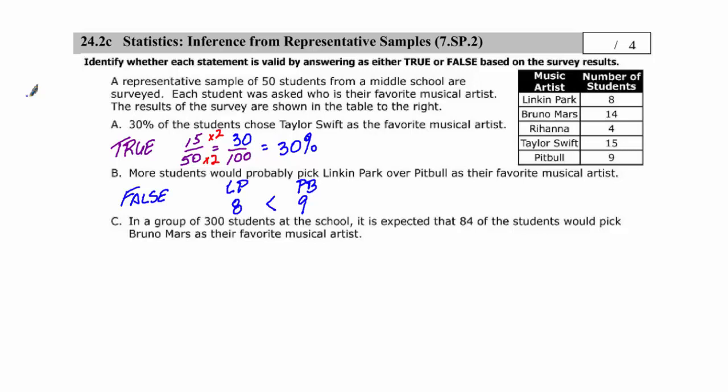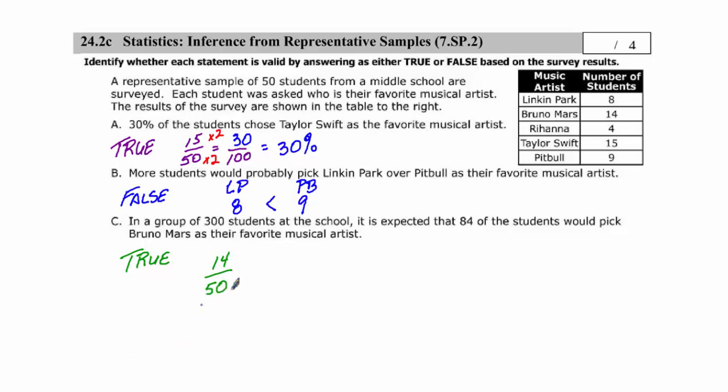That's pretty close. All right, and finally, in a group of 300 students at the school, it's expected that 84 of the students would pick Bruno Mars. Well, this turns out to be true. I hope you like Bruno Mars. This turns out to be a true statement. Here's how we can prove it's a true statement. Right now, the Bruno Mars crowd is 14 out of the 50 we sampled.